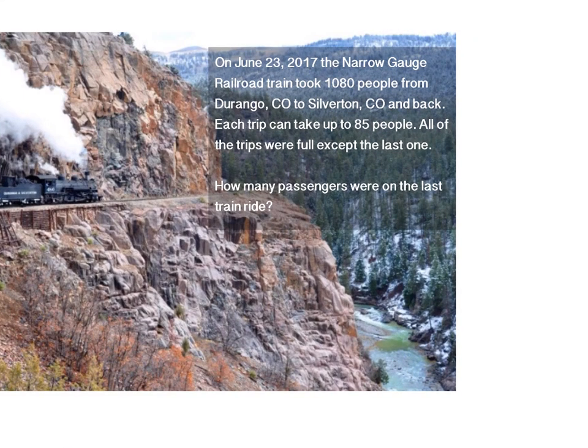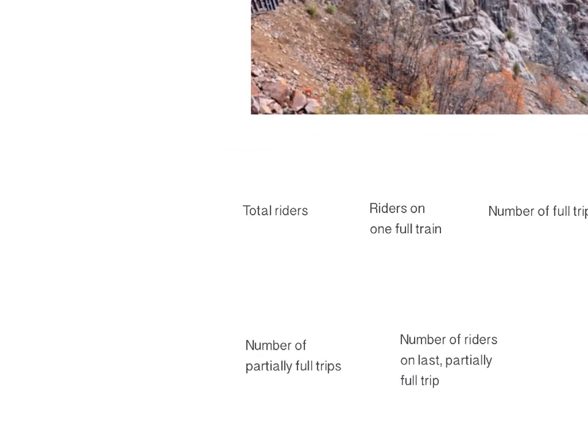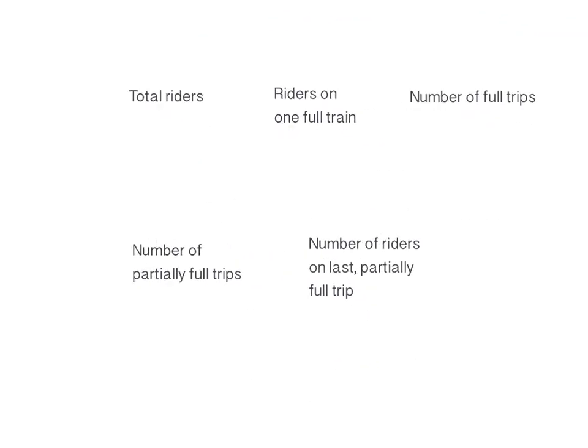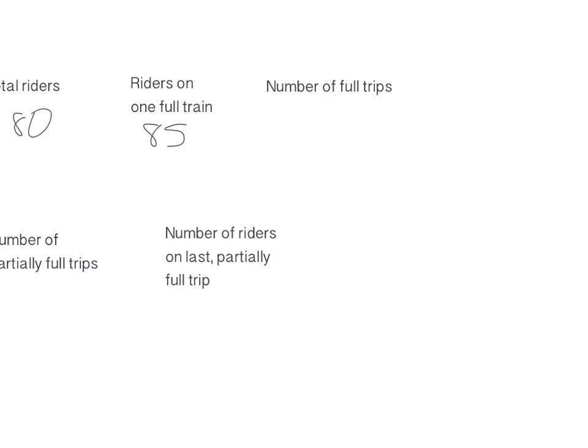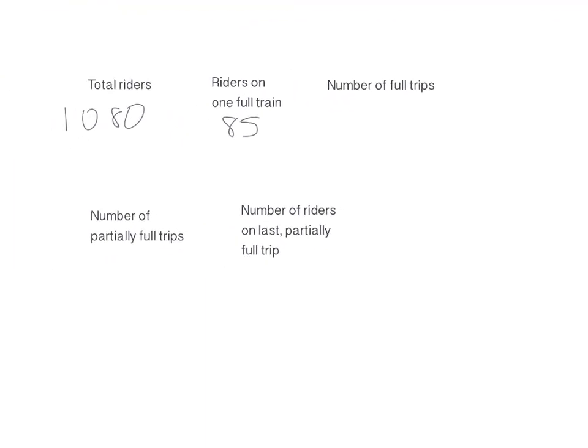Okay, 1,080 total people, and 85 people on a full train. So total riders, 1,080 for the day. Riders on a full train, 85. Now, what about the number of full trips? As you look back there, we actually don't know. We don't know how many full trips were taken.